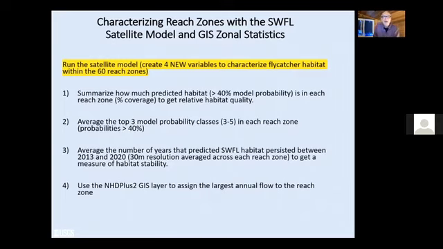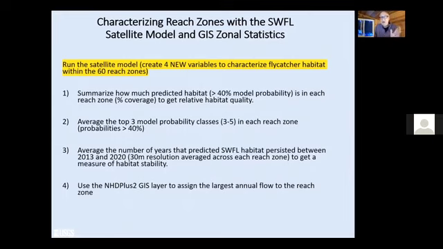We also looked at the top 3 model probabilities, classes 3, 4, and 5, and we averaged those. So what we're doing there is we're trying to discern whether the highest probability classes are a good delineator of habitat. We also looked at the average number of years that flycatcher habitat persisted between 2013 and 2020.